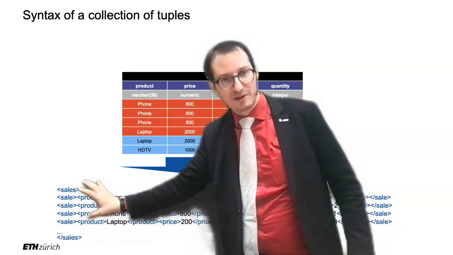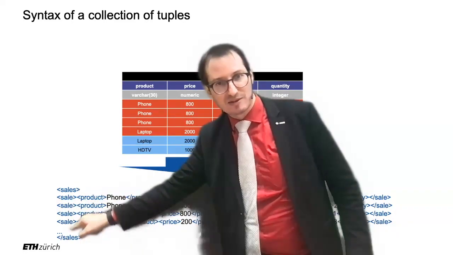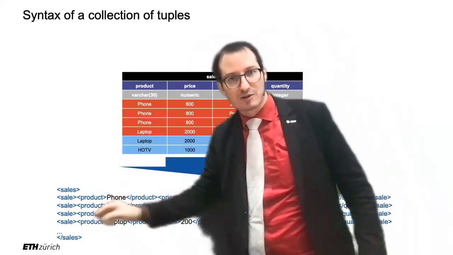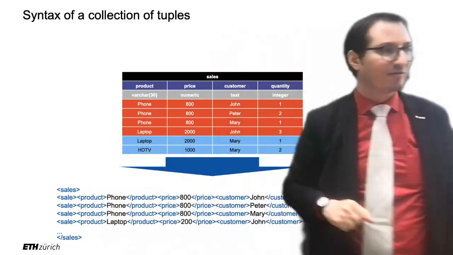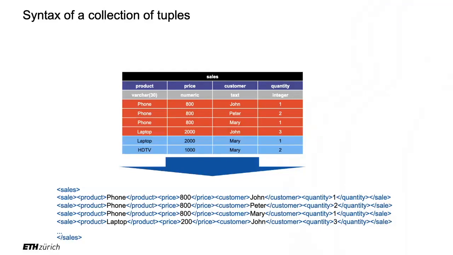So sales is the parent element, and then sale, and every record has the same name, and within the record you have the elements like this, right? So you see it's slightly different than JSON, but this is typically what it looks like. Except that here there's no namespace, so it's not enterprise ready. But again, that's just to make my point. In practice, you would also put some namespace to that. For whom is that clear? That this XML is pretty much the same as in this table. I just put the first 4 records, of course. Okay?